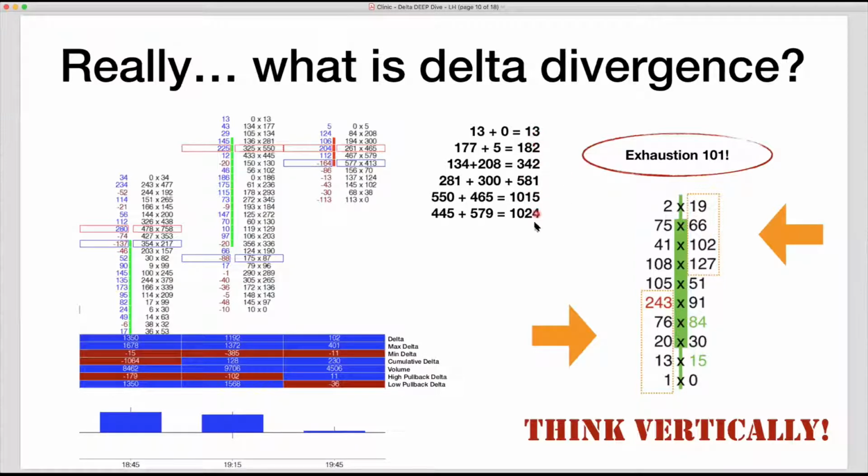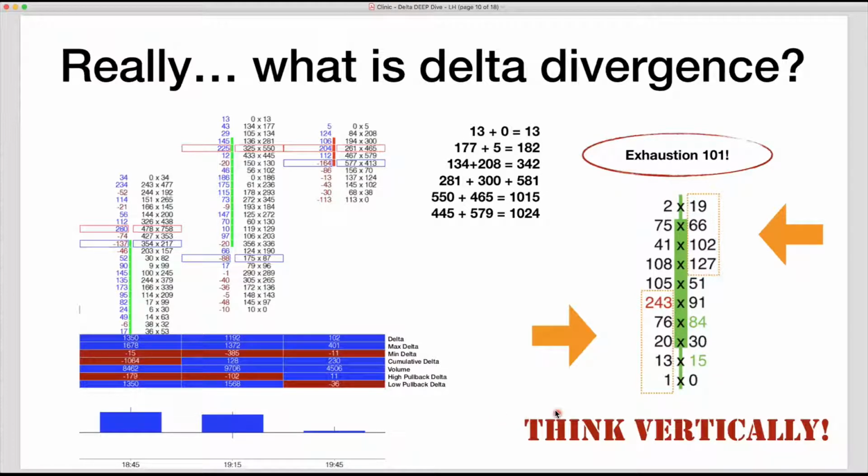Now, if you cast your mind back to our clinic on aggression, then what we're seeing is in aggregate, we have got less aggressive volume at higher prices, which we call exhaustion. So delta divergence is actually horizontal exhaustion.